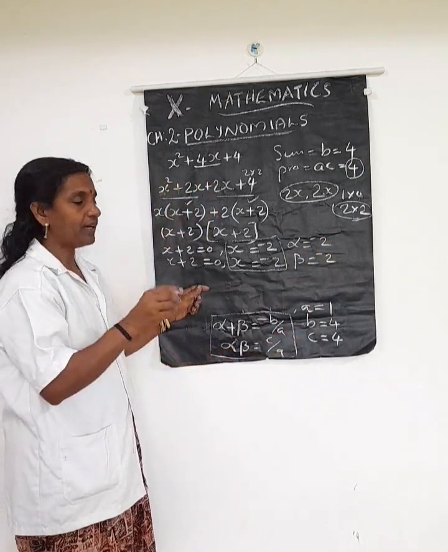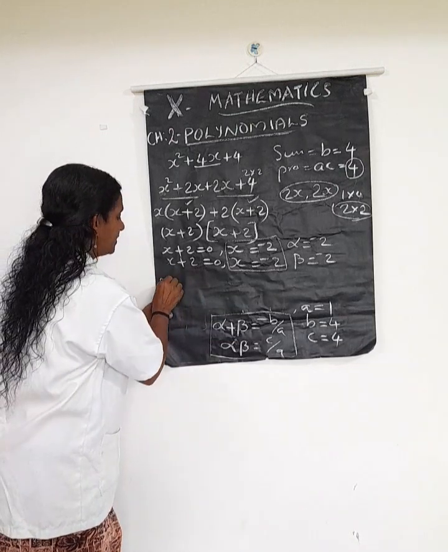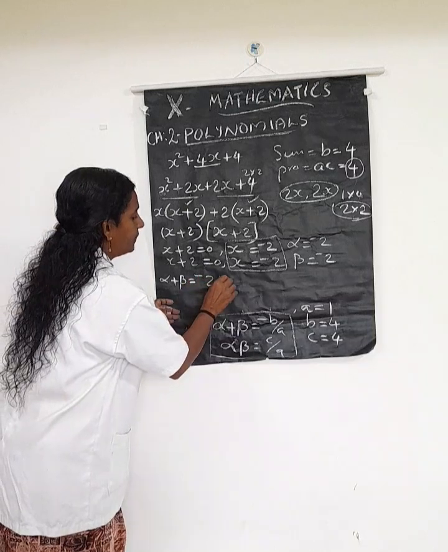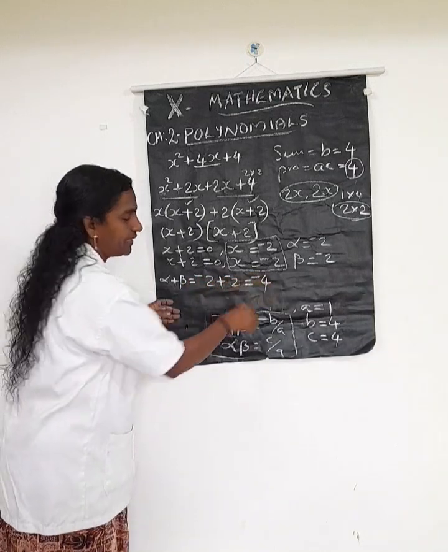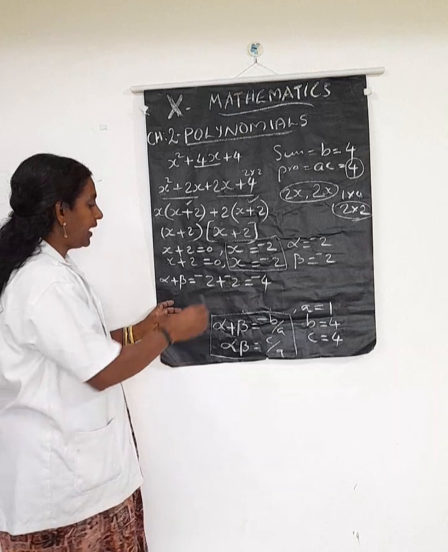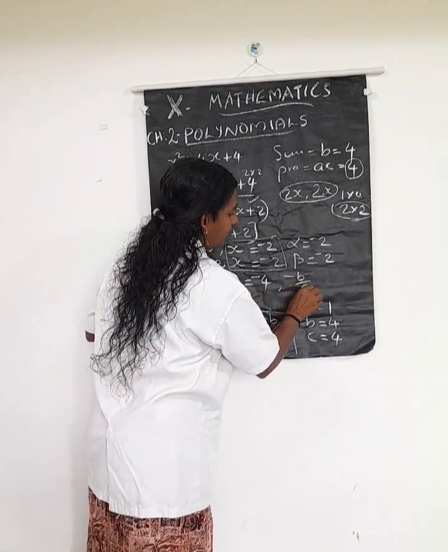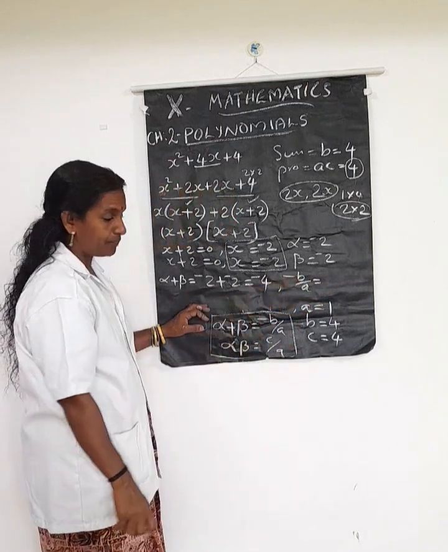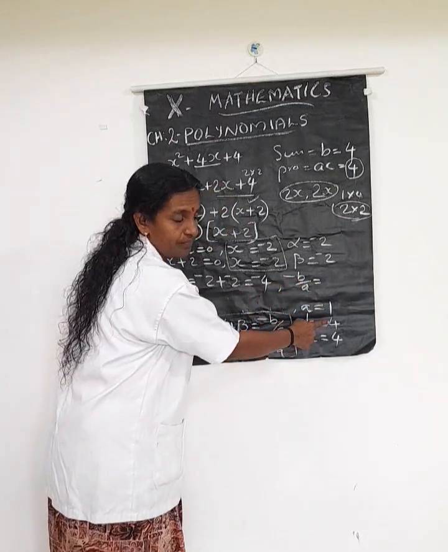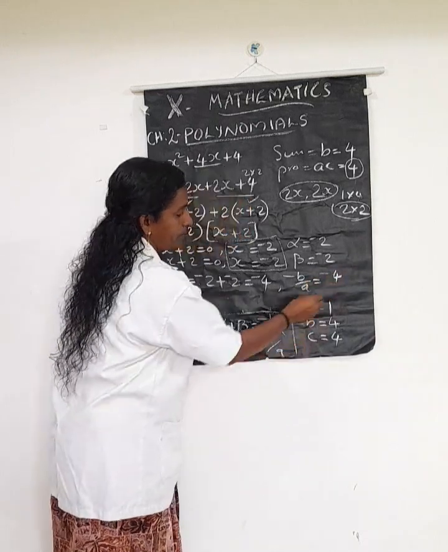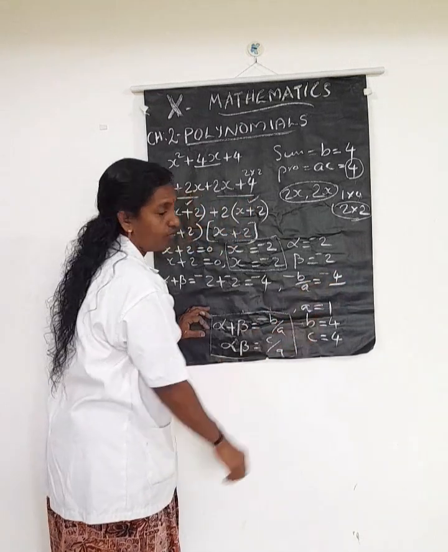Now we can find the sum of zeros, that is alpha plus beta. What is alpha plus beta? Negative 2 plus negative 2, which is same as negative 4. And what is negative b by a? B is 4, and negative b means negative 4, by a, what is a? 1.